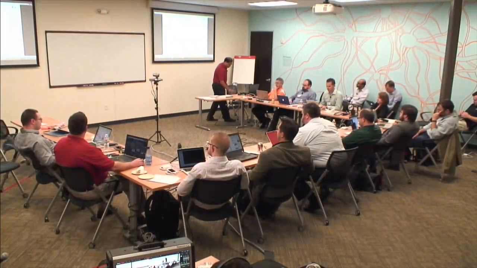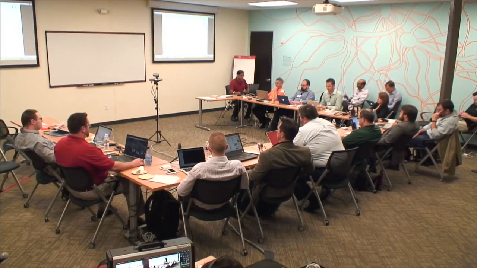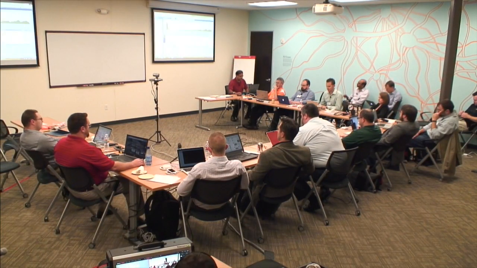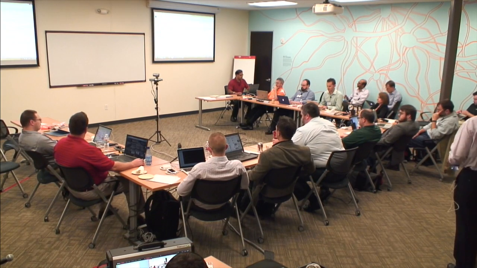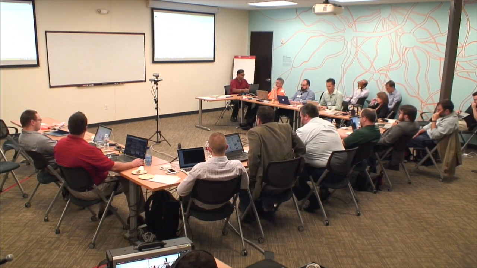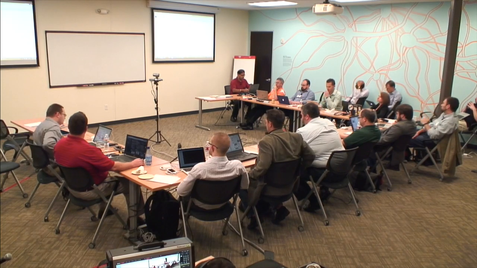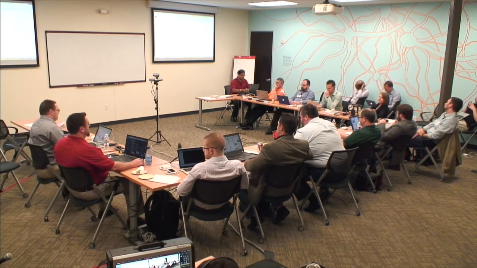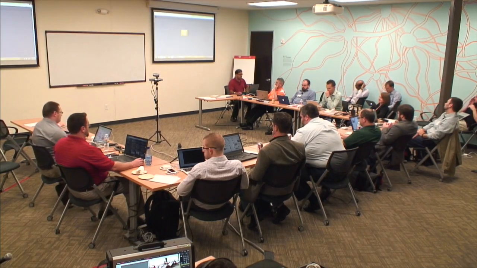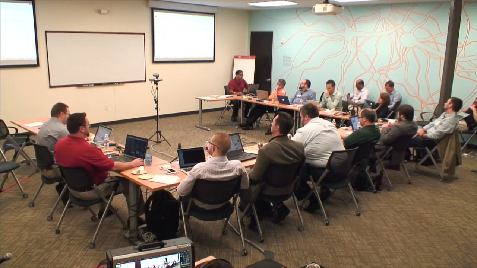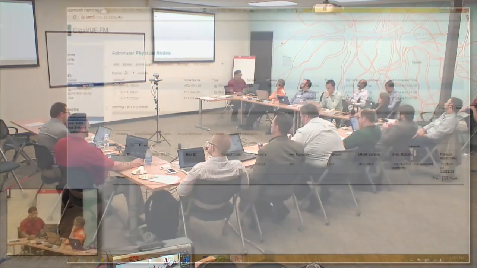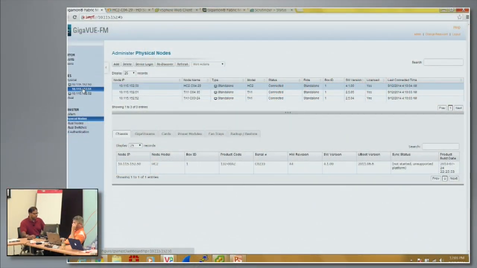So let me do a quick demo of the Fabric Manager. So here are 3 nodes that we have discovered, both our H-series platforms as well as a couple of the TAP and AX elements as well.